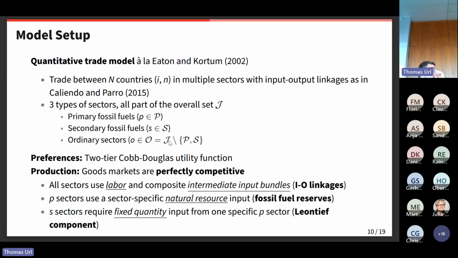So you assumed, or you chose a benchmark to order sectors in S sectors and in all other sectors. So we have a specific benchmark. It comes from the data we use. We use the GTAP database.